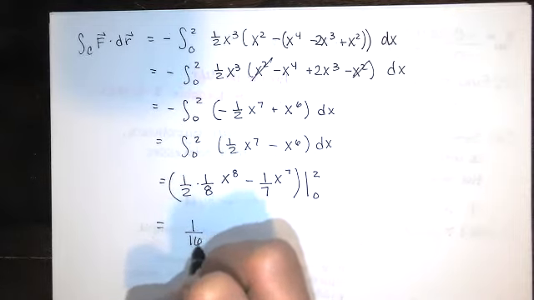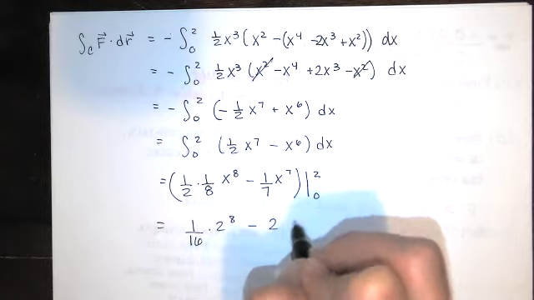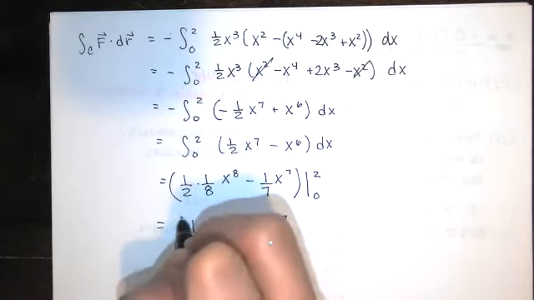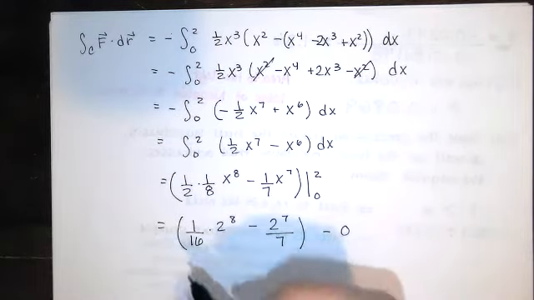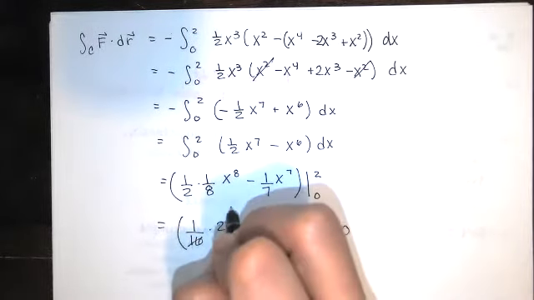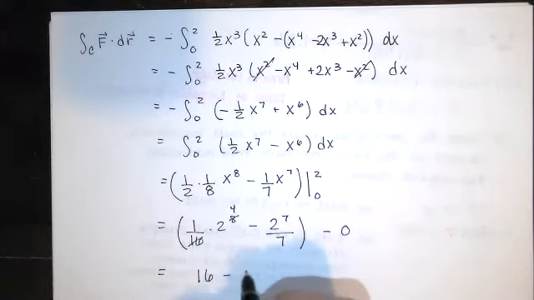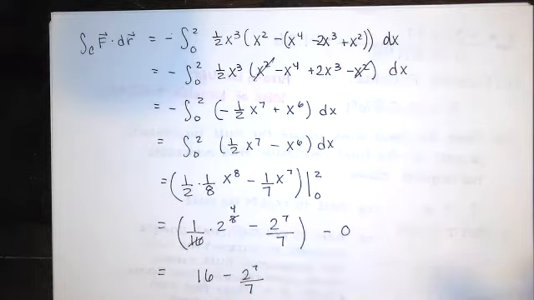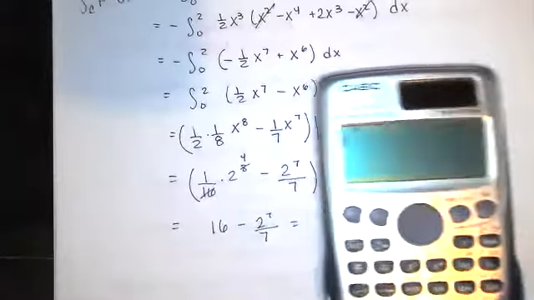I have 1/16 times 2 to the 8th minus 2 to the 7th over 7 minus 0. And 16 is actually 2 to the 4th, so that will reduce to 2 to the 4th. So we've got 16 minus 2 to the 7th over 7. And I think I'll use a calculator for the arithmetic. Oops.